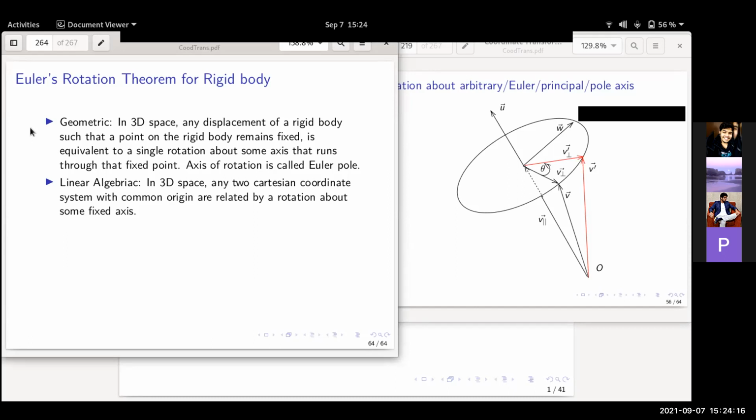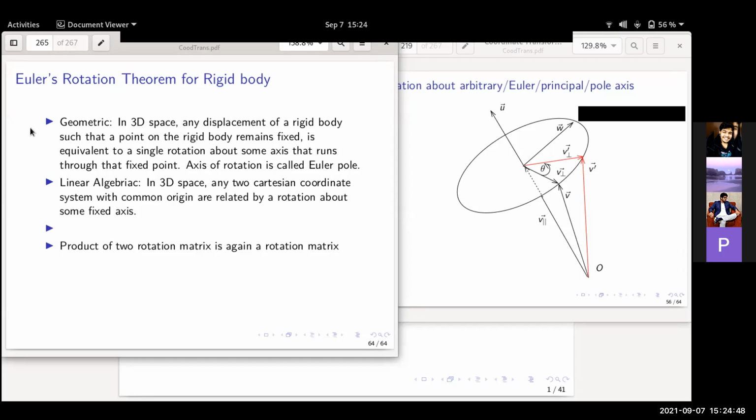And then you can compute the eigenvector corresponding to eigenvalue 1, which will represent your rotation axis. So this is what is playing a role. Whenever a rigid body is moving such that one of the points is fixed, instantaneously you can associate an axis of rotation with respect to the rigid rotation movement.